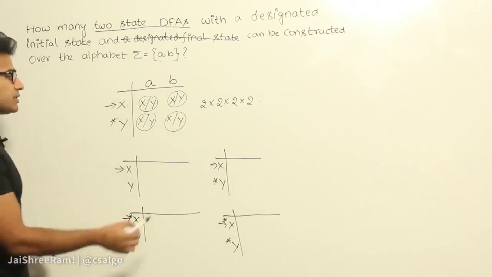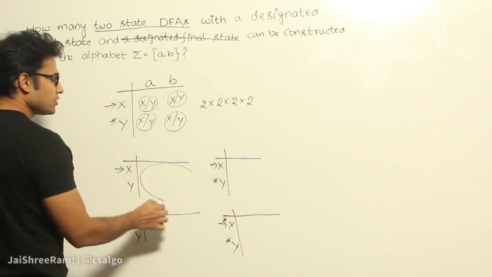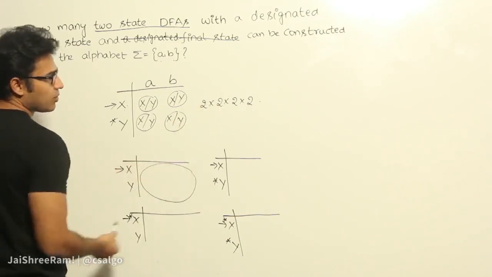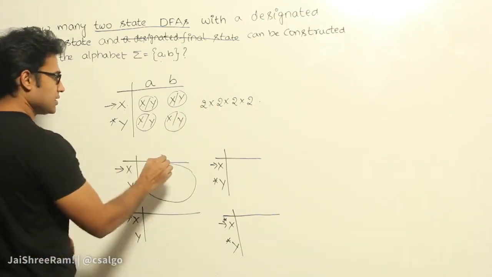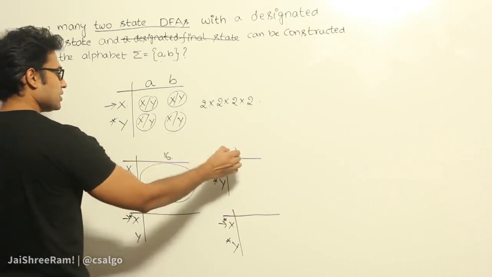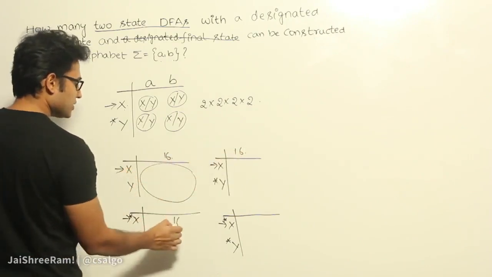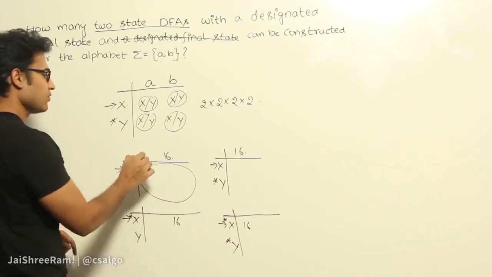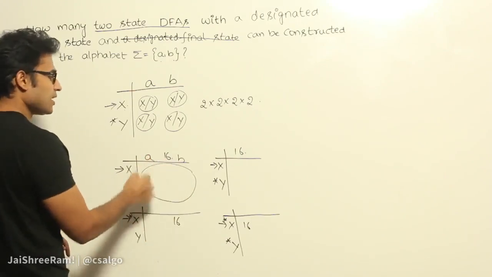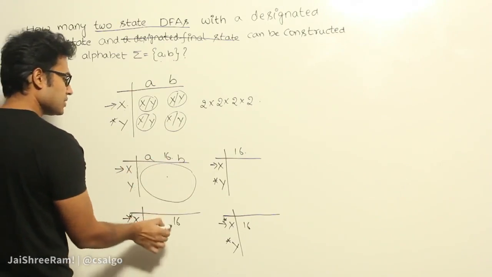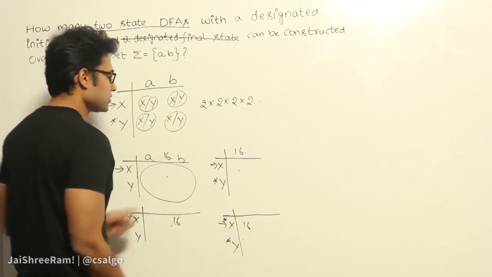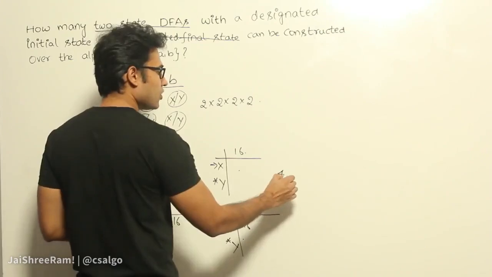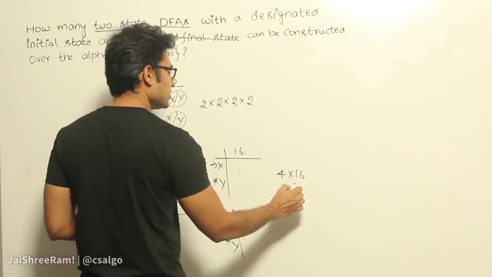Now each case will give rise to 2 power 4, that is 16 DFAs, depending on how you fill these entries. For A and B, what are the transitions? You are going to get 16 for each of these four cases. Therefore it is going to be 4 into 16, which means 64.